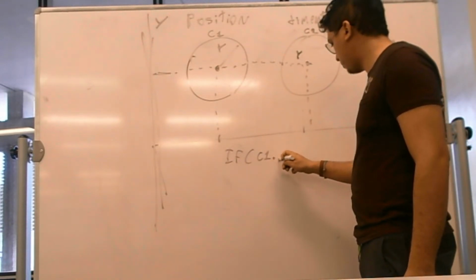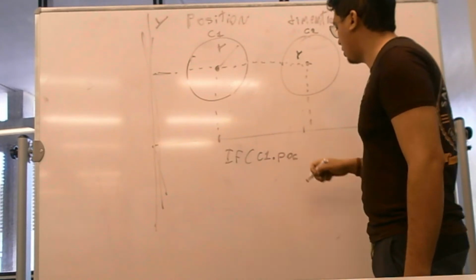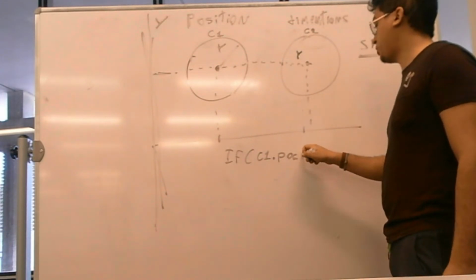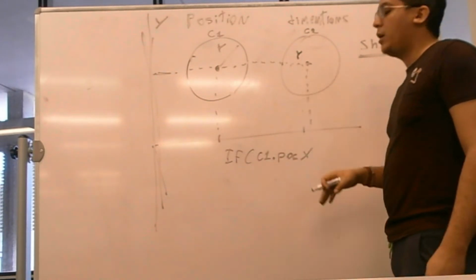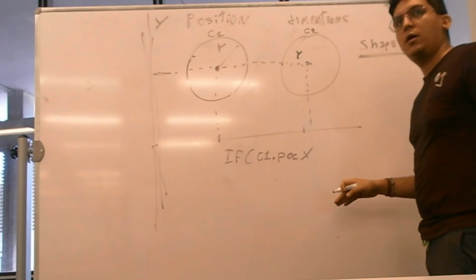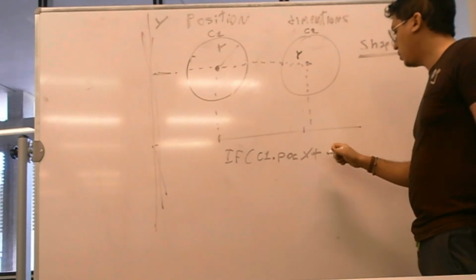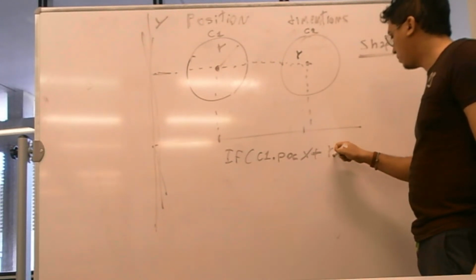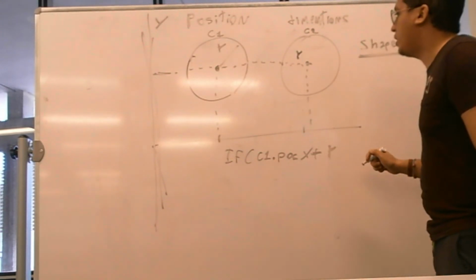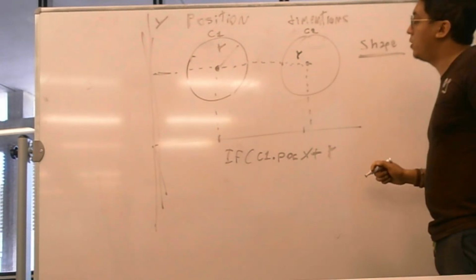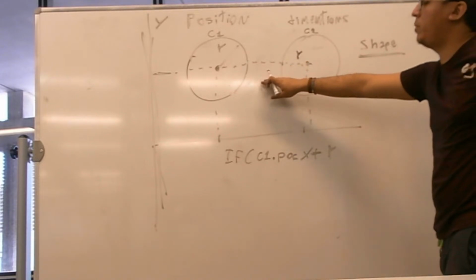dot position, dot position X, the X position. If the X position of this guy plus the radius, plus R, is... what would it be? Equal to... no. Let me think about this real quick.